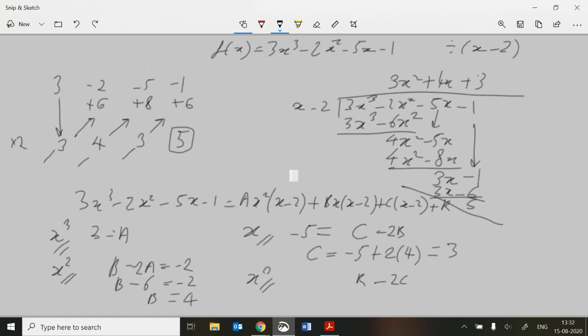So now the coefficient of x to the 0 on the right-hand side here is the same as the coefficient on this side, which means to say that r is equal to minus 1 plus 2 lots of c, which is exactly what we're getting out here. c was equal to 3, which means that we're getting out plus 5.